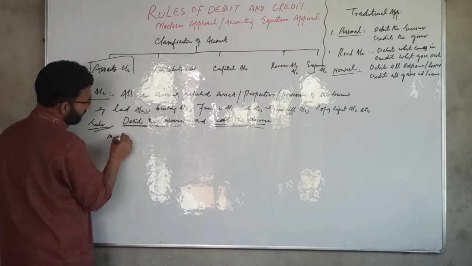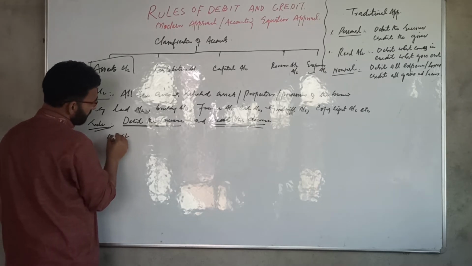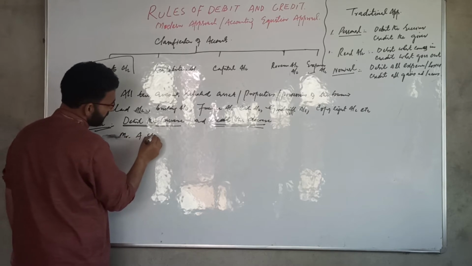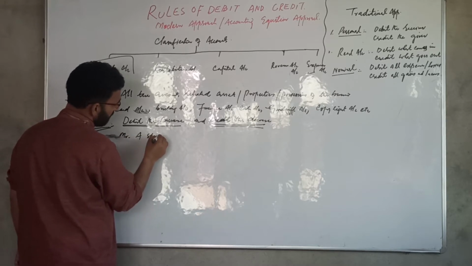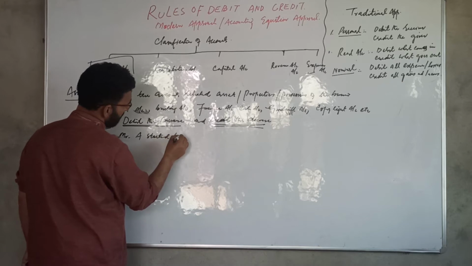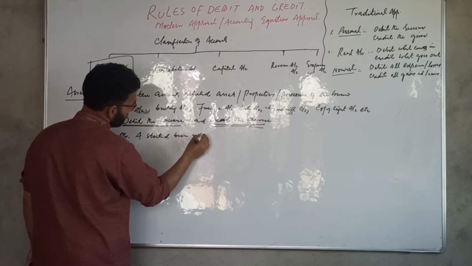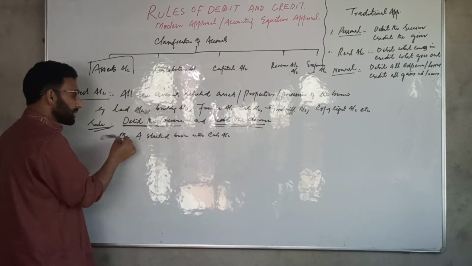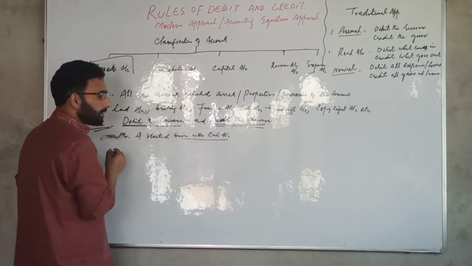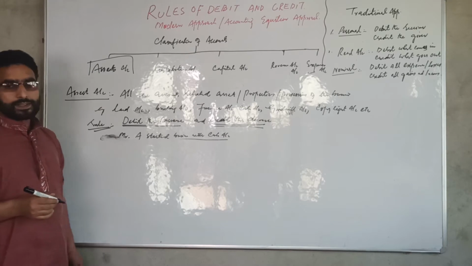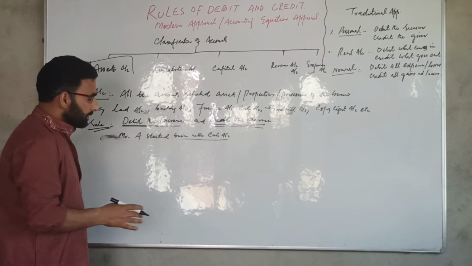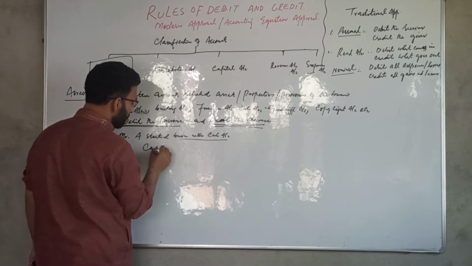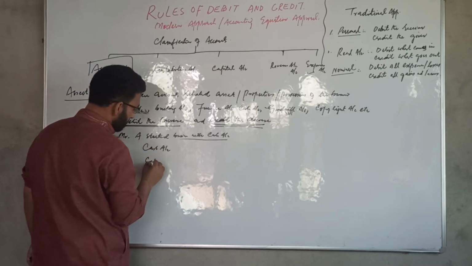For example, suppose Mr. A started business with cash. Here in this transaction two accounts are involved: cash account and capital account.